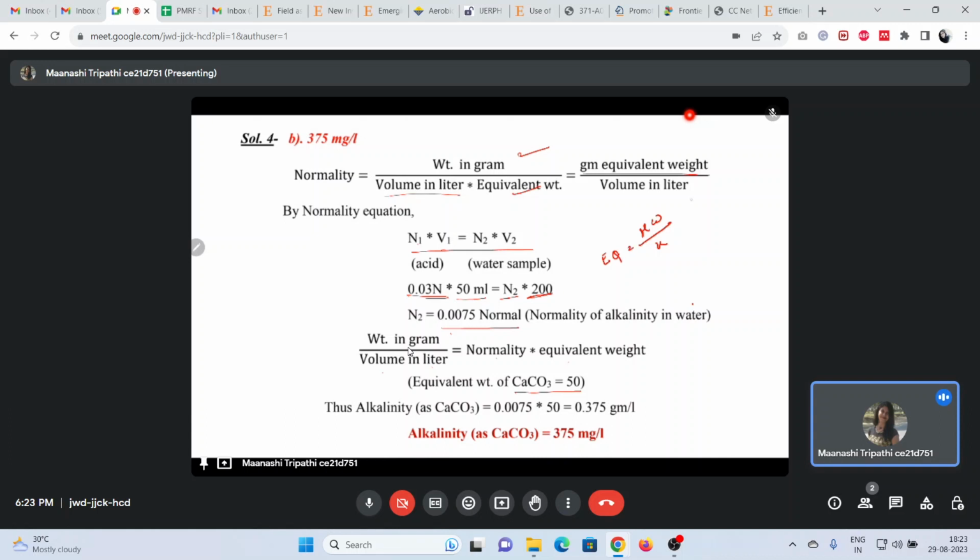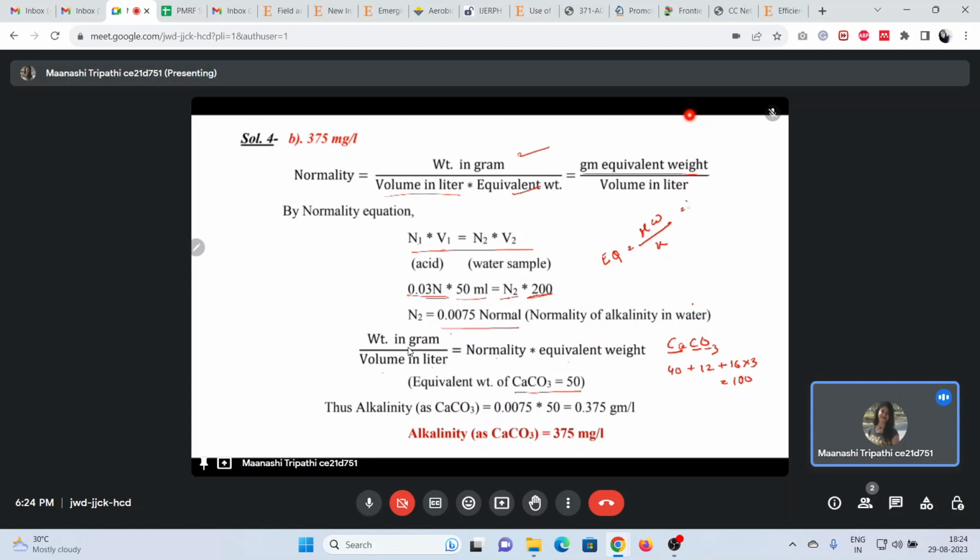What is the molar weight of CaCO3? 100. How? CaCO3 is there, right? 3 atoms of oxygen are there. So 40 plus 12 plus 16 into 3, which gives us 100.